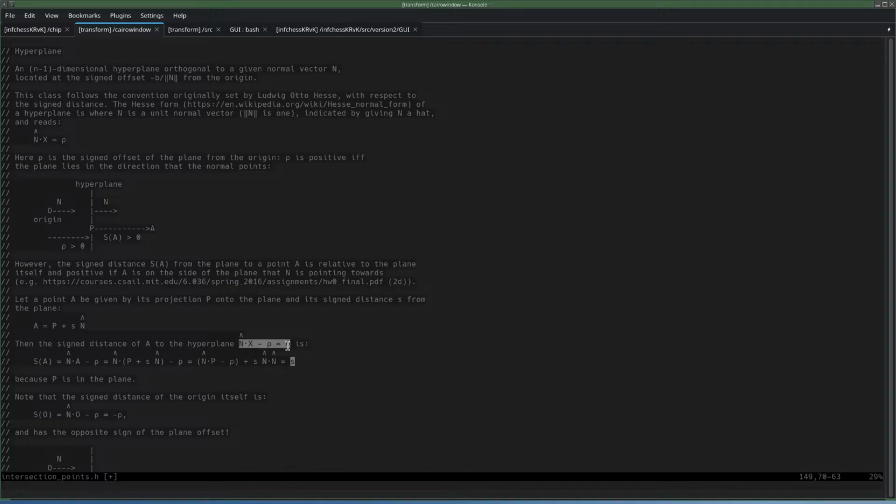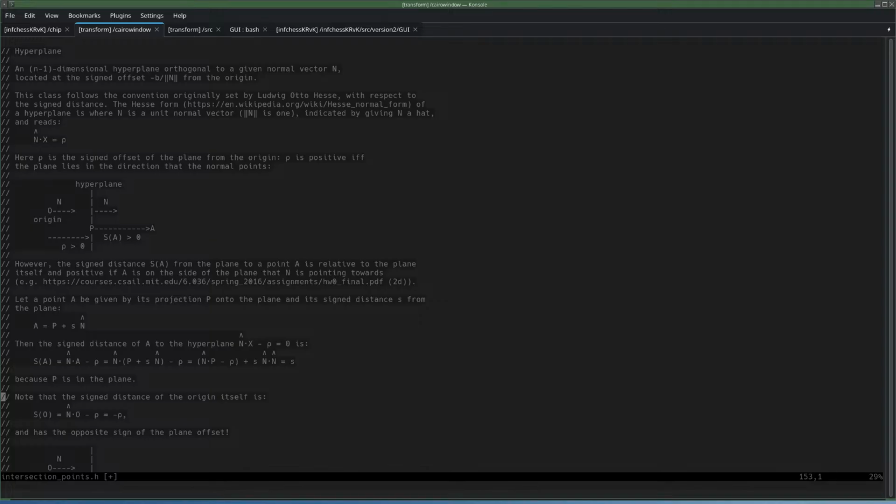Because that is the plane, so P in the plane means that this is 0. And n head dot n head is the length of n squared. The n head has a length of 1, so 1 squared is 1, so that is S. Therefore, you see that this definition indeed gives the S as we defined it here.